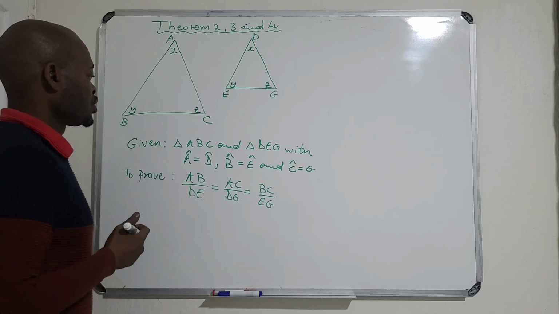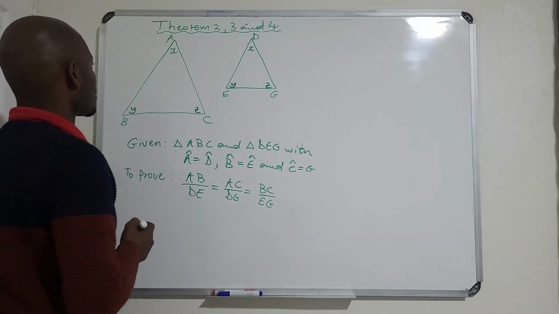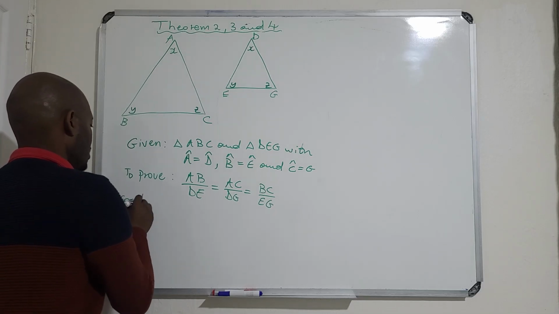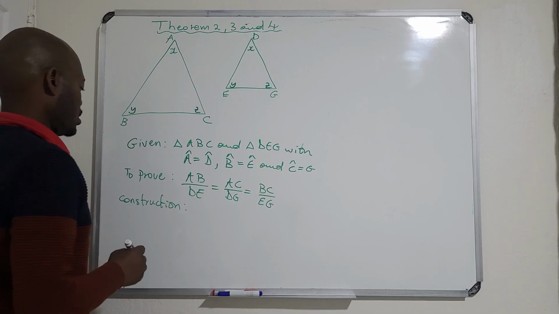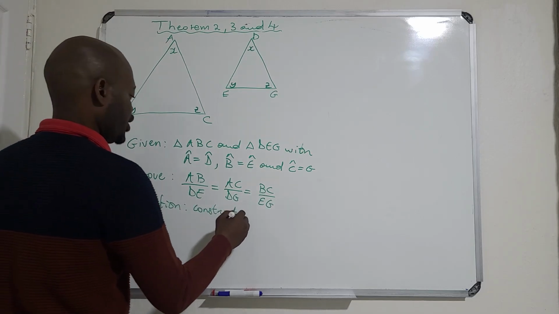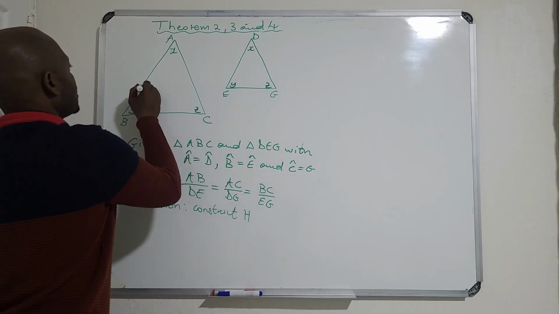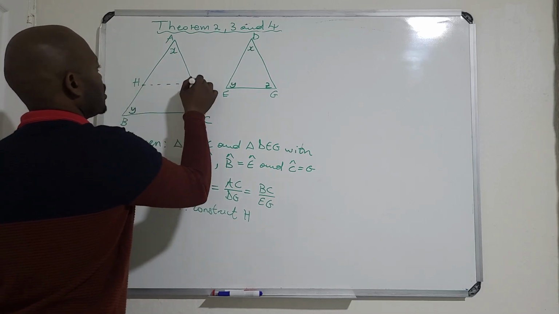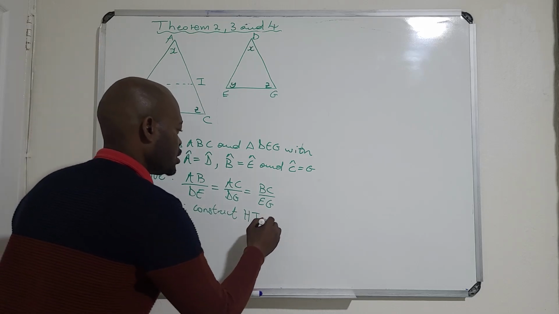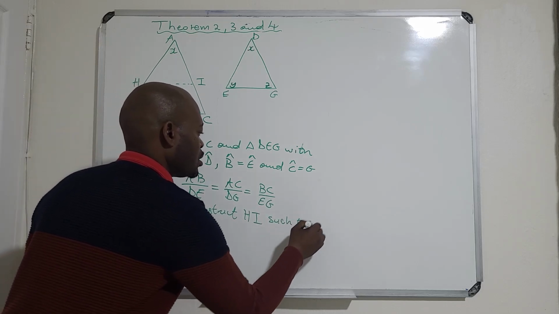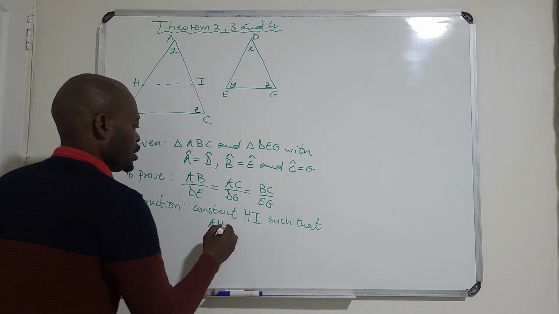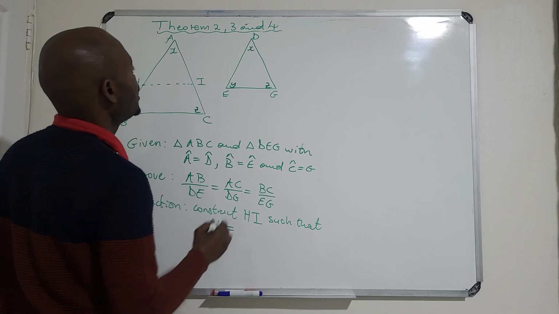Now, we want to construct HI. Construct HI such that AH is equal to DE.